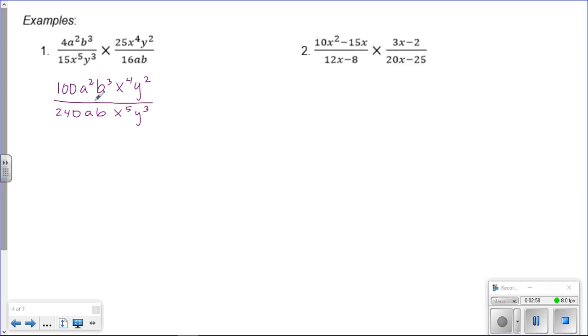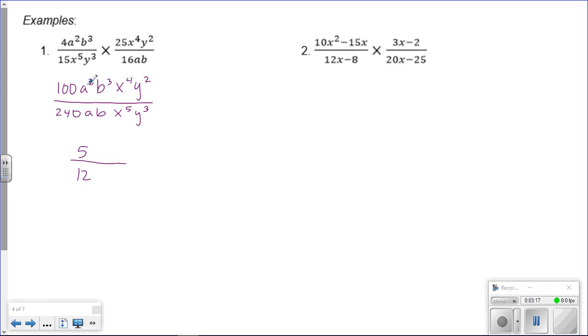From here, you're going to start to simplify what you can. What can I cancel out? What you should be asking yourself is what is the same in the numerator and the denominator that I can cancel? So obviously 100 divided by 240, you can simplify that to 5 over 12.